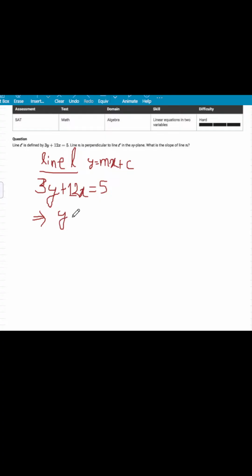So we'll have y is equal to 5 minus 12x divided by 3, which, dividing minus 12 by 3, gives minus 4x plus 5 by 3.